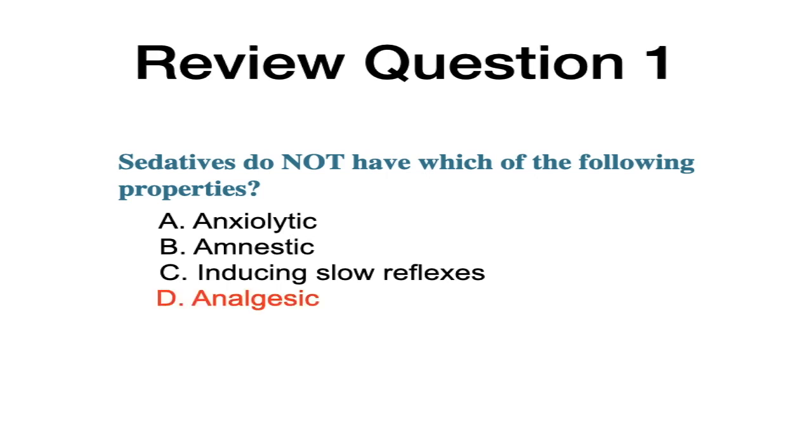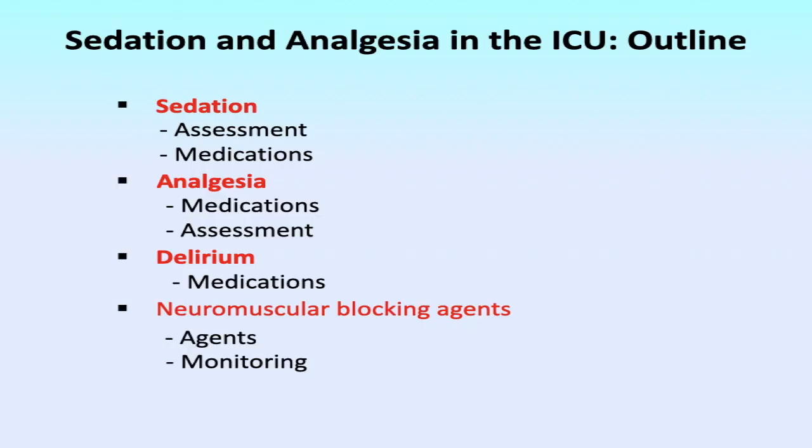Most of the time, a sedative agent is not an analgesic agent. That's why in patients who are apparently calm and on sedation, we have to have a tool to check for pain, agitation and delirium, because sedation will not cover these issues, and this is usually overlooked.